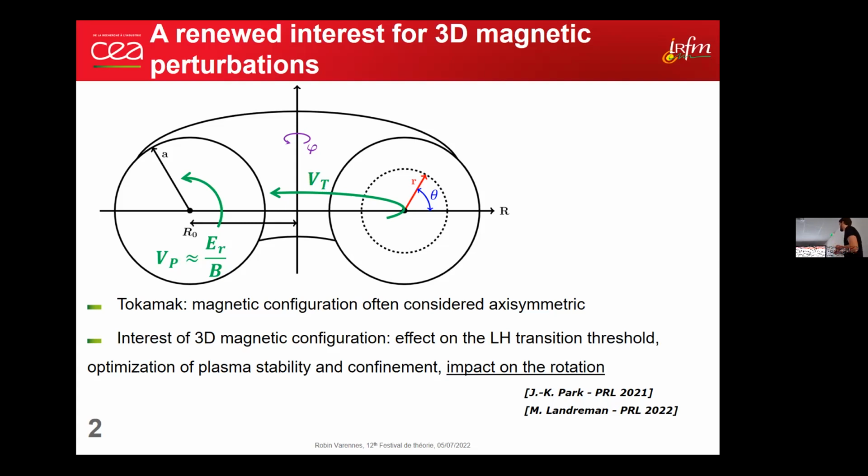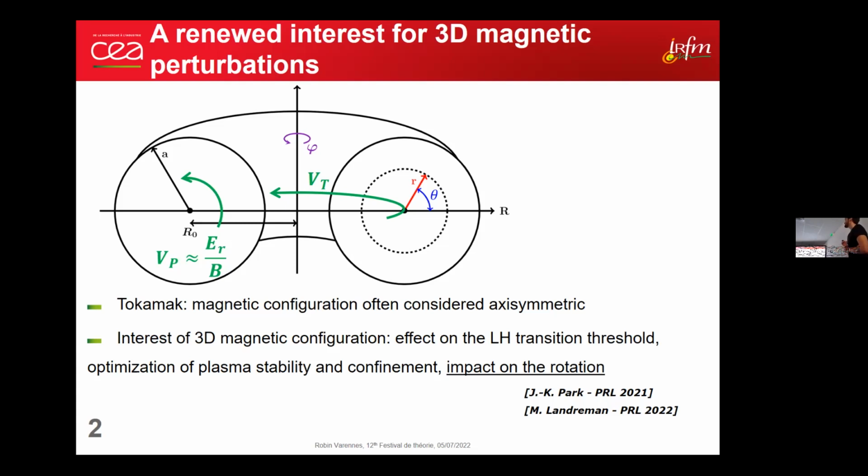The first one is the toroidal velocity, and the other one is the poloidal velocity, which goes in that direction. In the fusion community, this one goes at the same rate as the quantity that we call the radial electric field, and this is the value that we will take a look into.